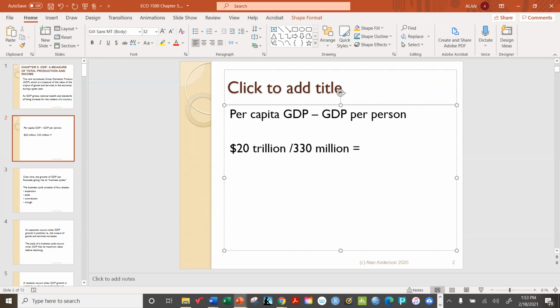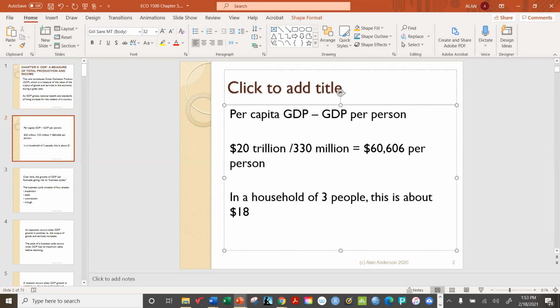Let me just get this into my calculator and figure it out. That works out to approximately $60,606 per person. So that means in a household of, let's say, 3 people, this is about $180,000 a year.